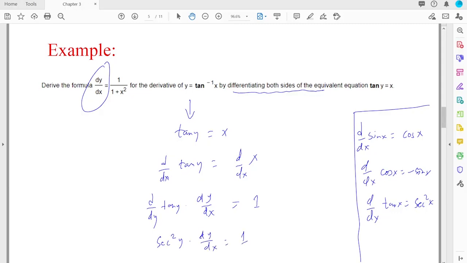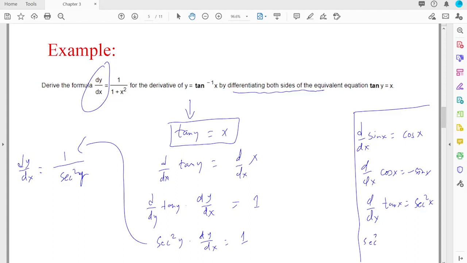So what is dy over dx? From here, dy over dx can be written as 1 over secant square y. So what is secant square y? We know tan y is x, and we need our answer in terms of x. So we need to convert secant square y in terms of x, and that is possible by using this relation: secant square x minus tan square x is actually 1.